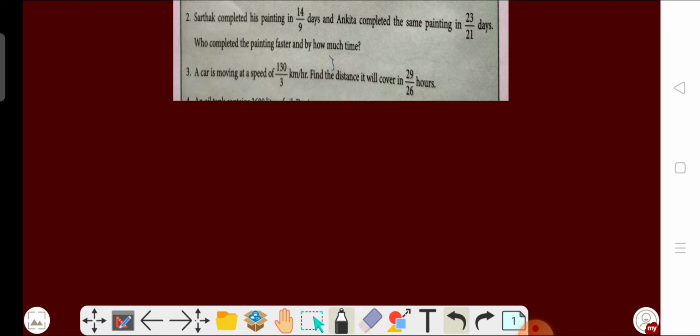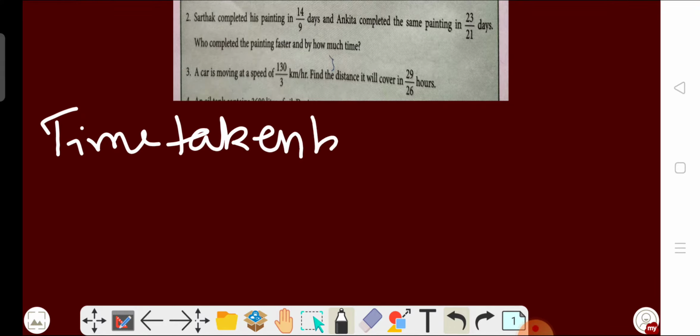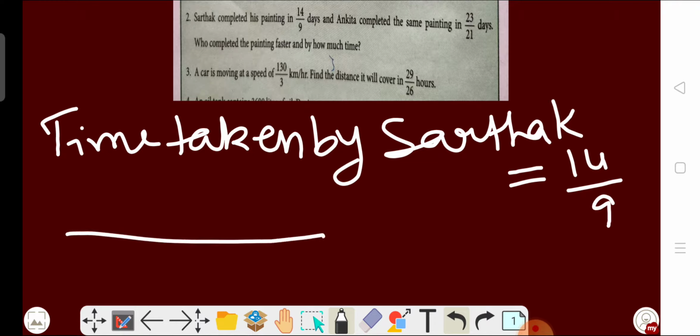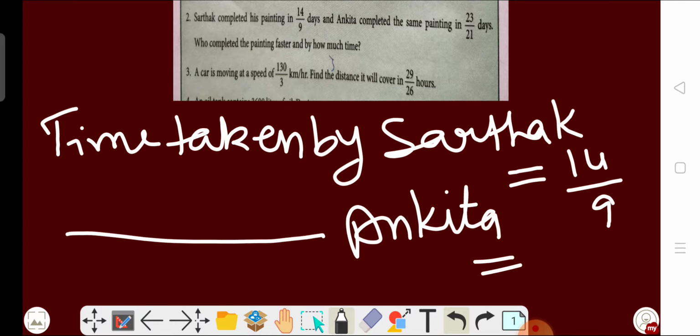So the time taken by Sarthak is 14/9 days, and the time taken by Ankita is 23/21. So firstly we have to compare 14/9 and 23/21.